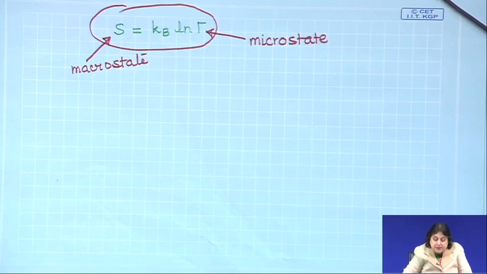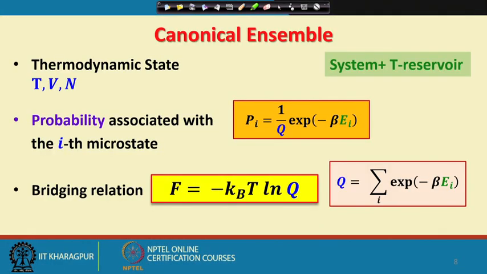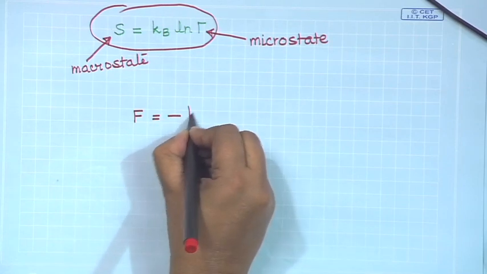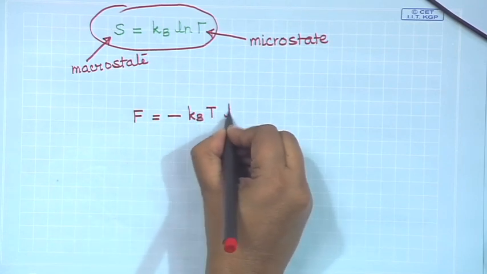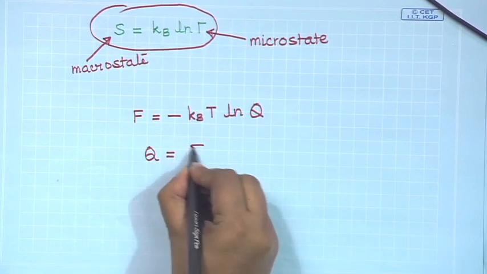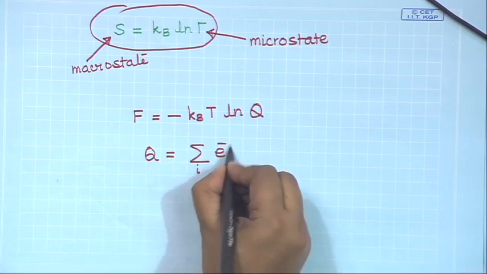In the canonical ensemble, we also have a similar relationship which can be derived from the Boltzmann hypothesis, and this relationship is F is equal to minus kT ln Q. So, now let us have a look at what we have achieved over here. F is equal to minus kBT ln Q. Now, what is Q? Q is equal to summation over i of e to the power of minus beta Ei.